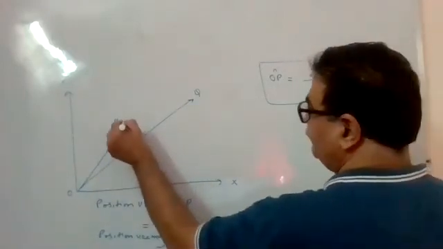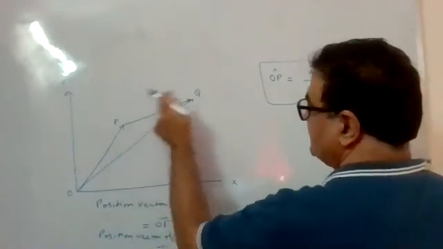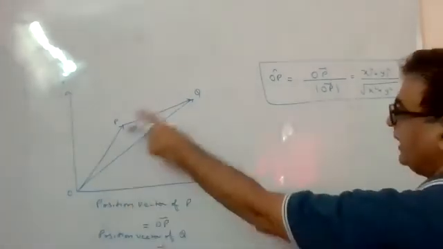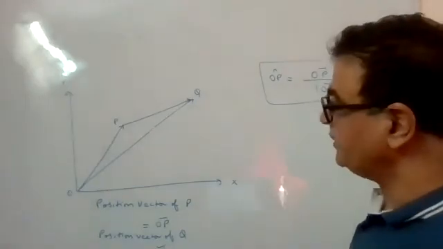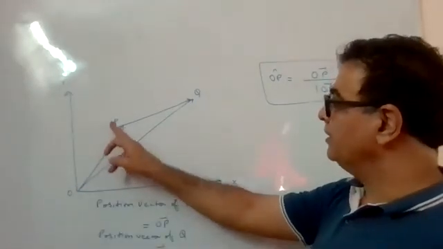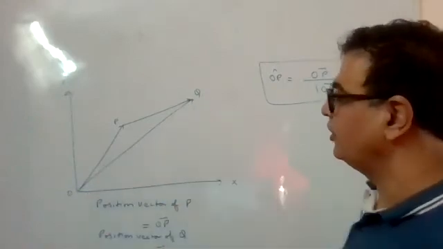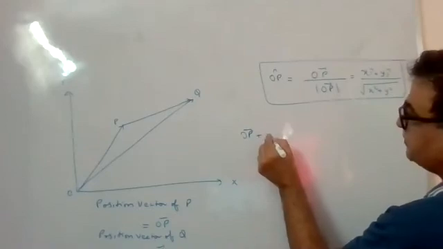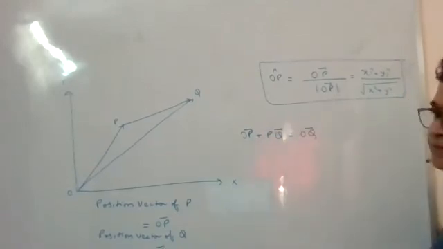If I say you find out what is PQ vector, I want PQ vector. So is the triangle law valid here? What the triangle law says, OP plus PQ, they are in same direction and this is in the reverse order. So we have OP vector plus PQ vector comes out to be OQ vector.